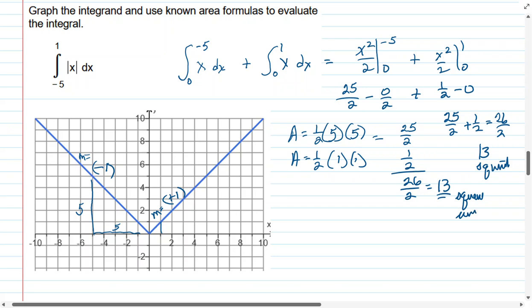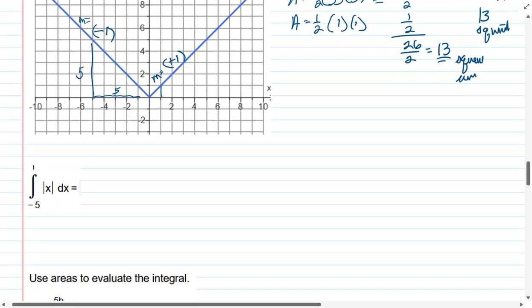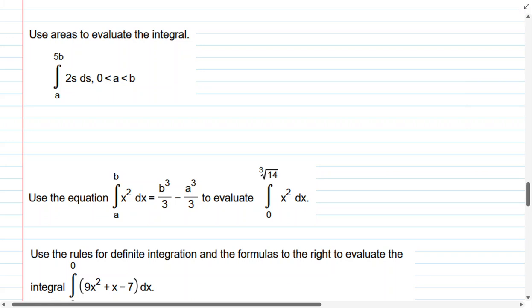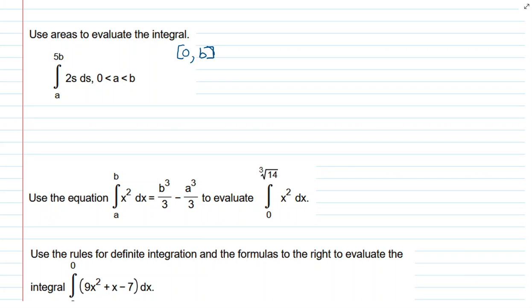So now we're talking about doing some math. In case we have our integral, or I'm sorry, our definite integral, and we have the integral of x from a to b.